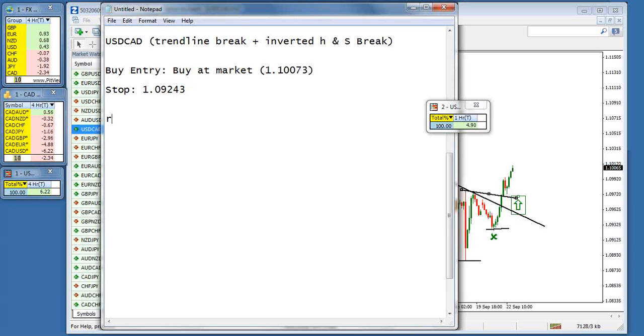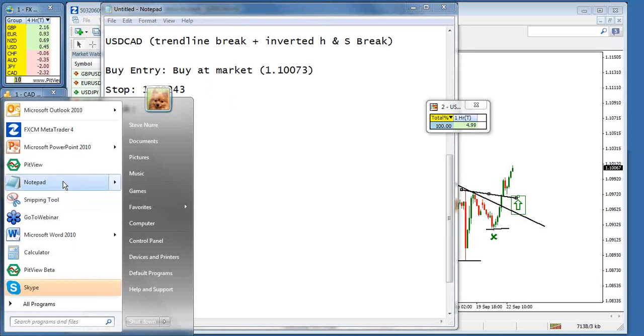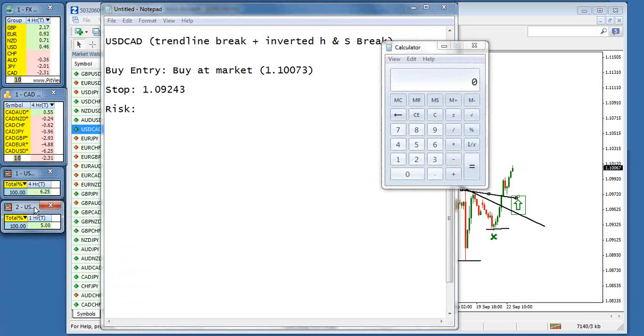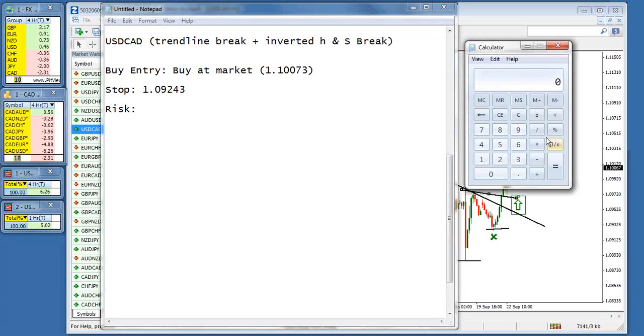So if you're looking for just a straight up 1-to-1 risk reward ratio trade, this is the minimum we look for. The risk on this trade as of right now, sorry, I need to bring up my calculator. So your risk would be about 83 pips.